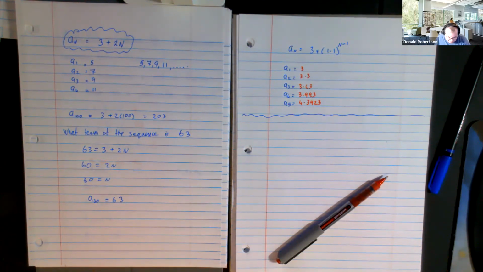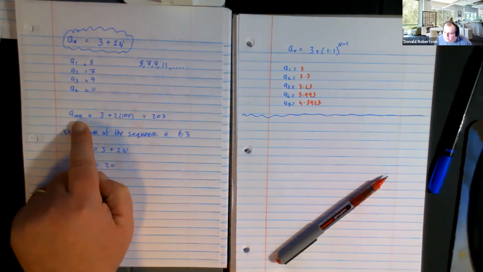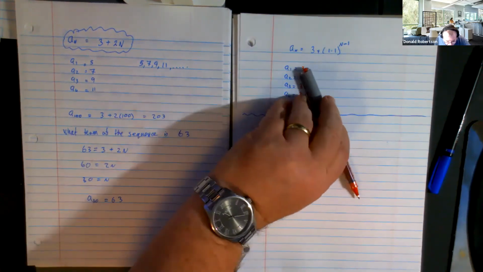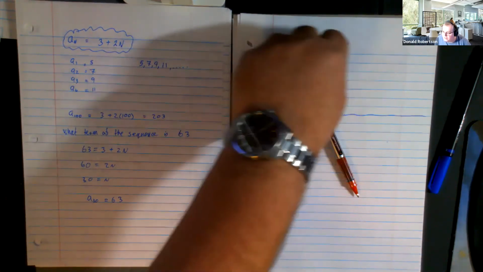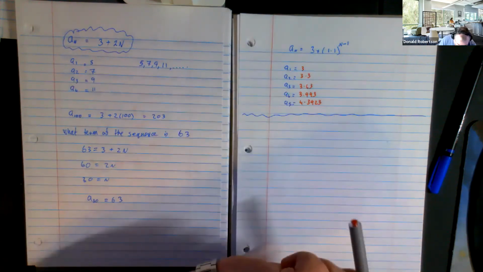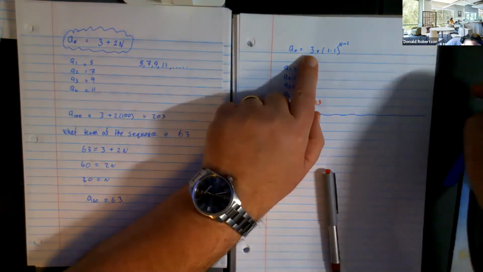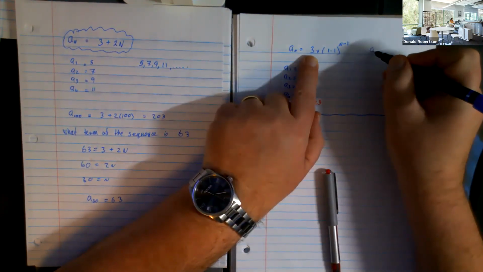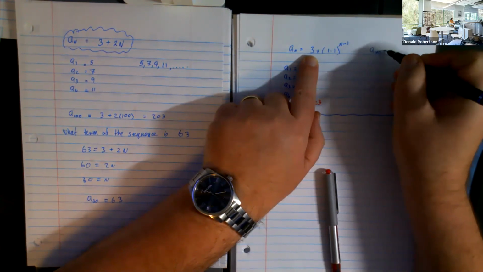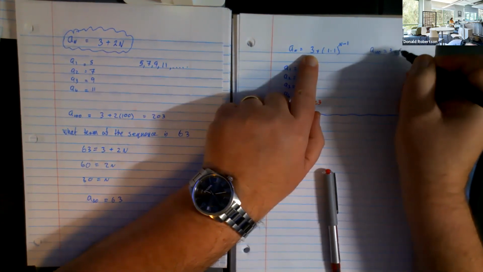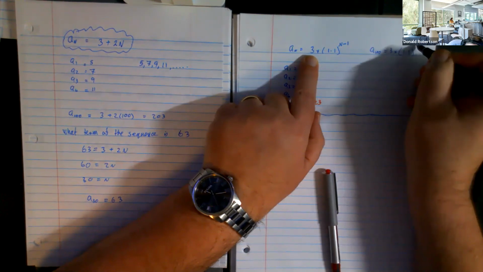Now, if it's a one-off question, like A100 or A200, then what you should really do is just a single calculation. If I wanted to find the 100th number in this sequence, wouldn't it be 3 times 1.1 to the power of 99?